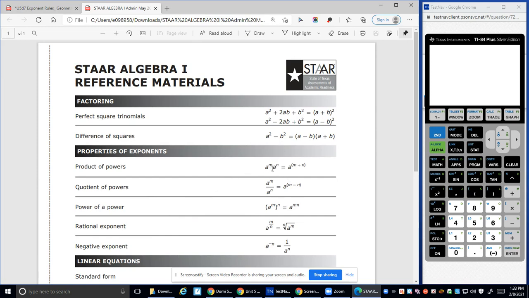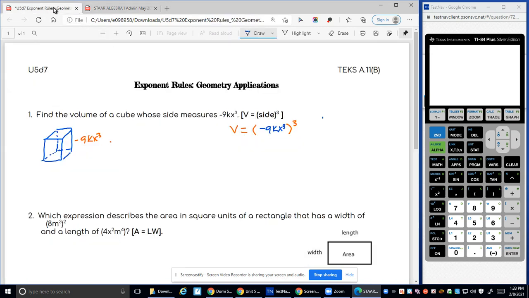Here, we have a parenthesis with two exponents right next to each other. We take the two exponents, and according to this, we multiply. Do you see how m times n, when there's nothing in between, we assume it's multiplication? So this is the power of a power. Let's go back and apply it.